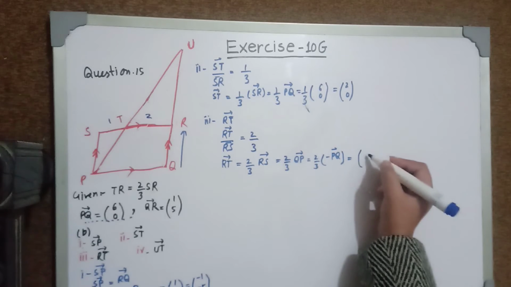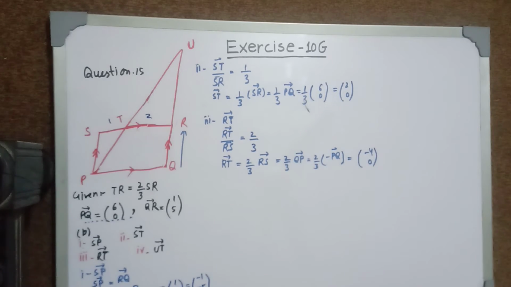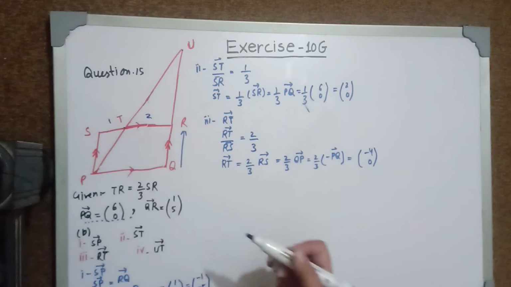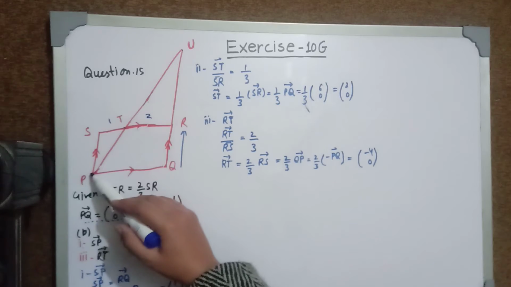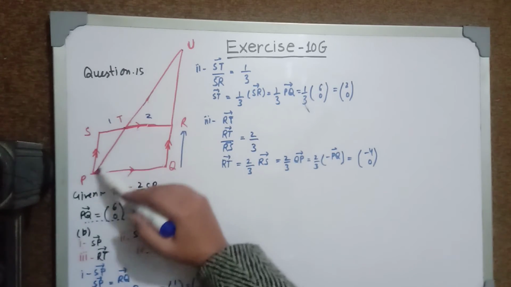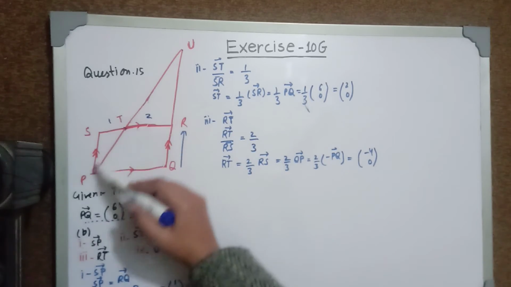equal to (-4, 0). Now there's the fourth part, which is to find UT, this line segment from here till here. First look at the figure carefully. If you see, this UT is twice of PT.